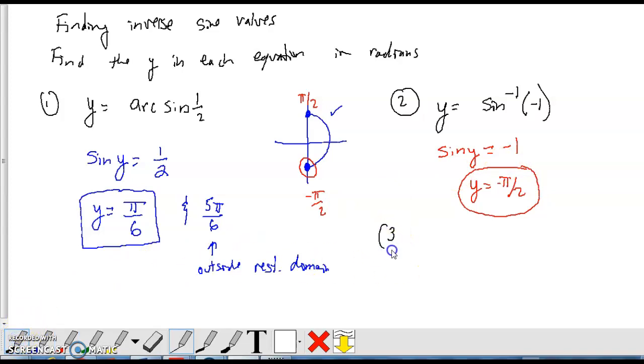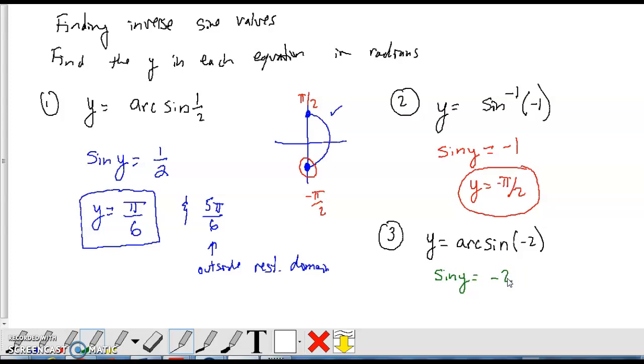Let's try one more. What happens if I have this one? So y is equal to arc sine of -2. So again, what this means is we're saying sine of something is going to be -2.